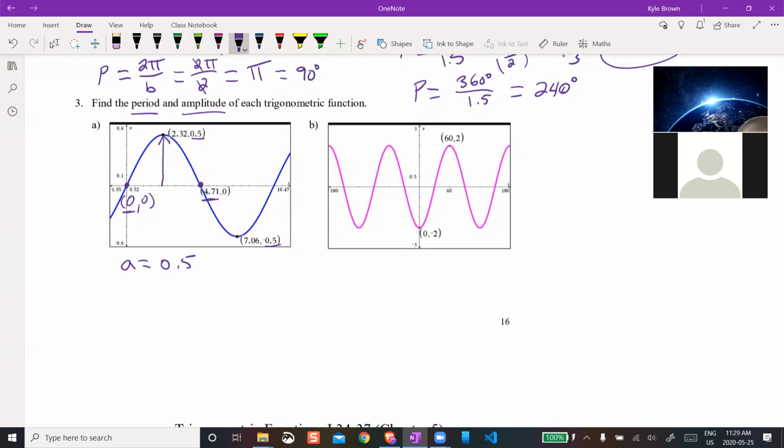But the period of this thing is actually going to be all the way to here, right? It's on its way up right there, and it's starting to be on its way up again right there. The pattern's repeating at this x-axis. So in this case, all I've got to do is go 4.71 times 2. So the period is going to be equal to 9.42.